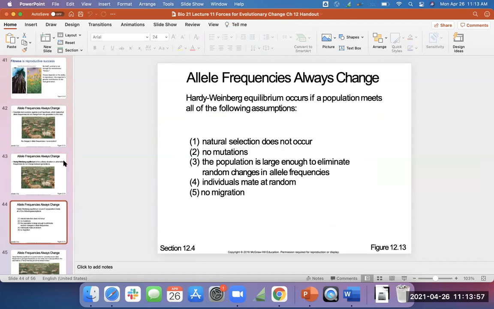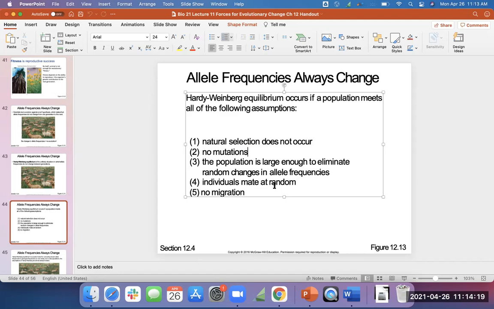But that's rarely the case. It's always changing. Natural selection does happen. It's going to follow Hardy-Weinberg only when there are no mutations, and you can't really guarantee that, there's no natural selection, and populations are large enough to eliminate random changes, random environmental changes.